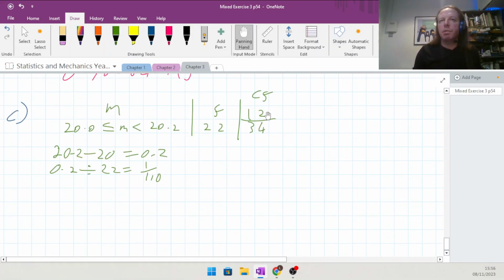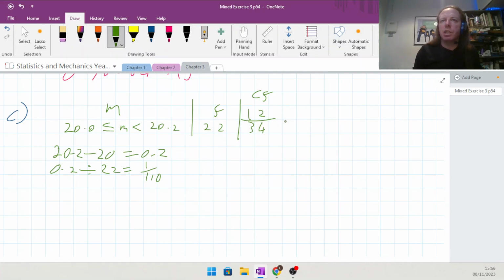Now as we get to number 12, we're trying to get to number 25. So we need to add 13 to get from 12 to 25, because we want the 25th value being the median out of 50.